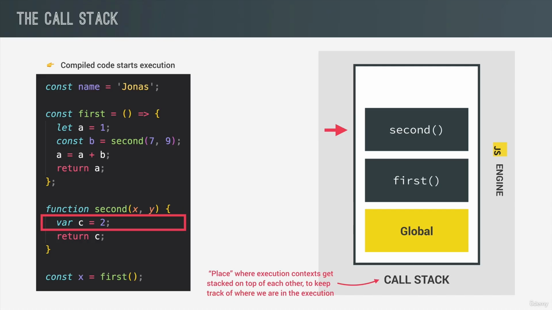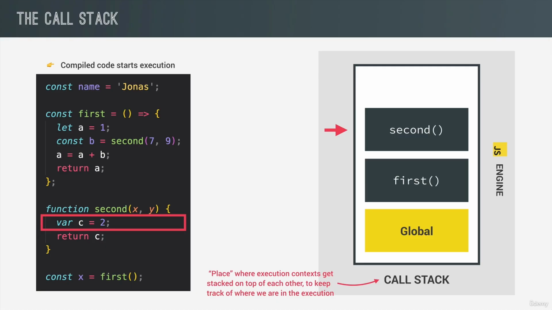Now, what's important to note here is that the execution of the first function has now been paused, okay? So again, we are running the second function now, and in the meantime, no other function is being executed. The first function stopped at this point where the second function was called and will only continue as soon as this second function returns.